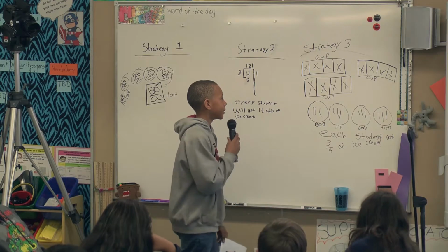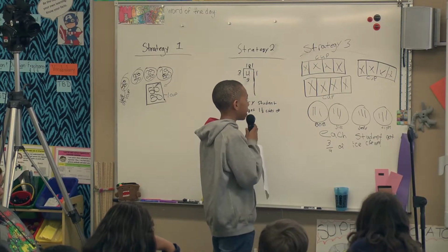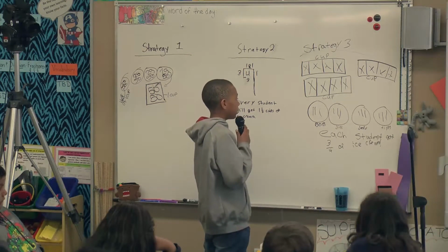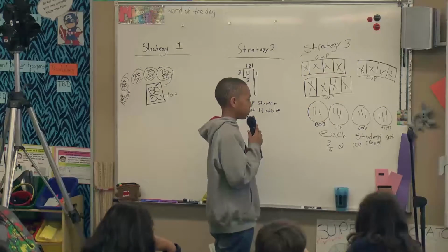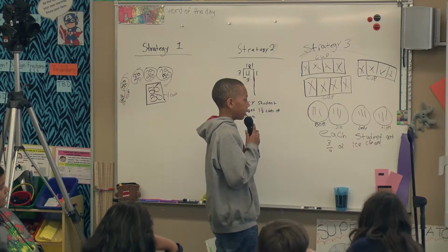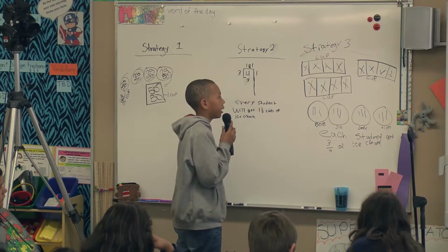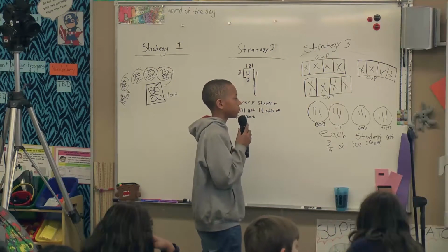Go for it. So what the 3 boxes represent is the 3 cups Ms. Brown has. So if you did divide the 3 cups equally into each student, one person would not get ice cream. So then I divided all the cups into fourths.